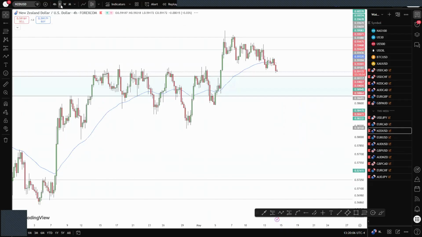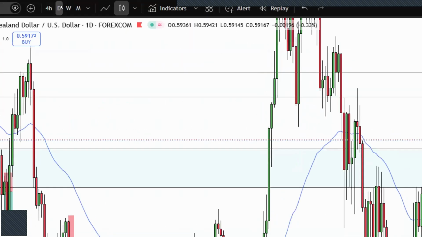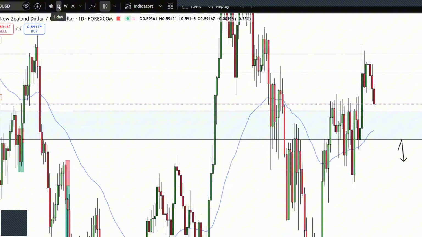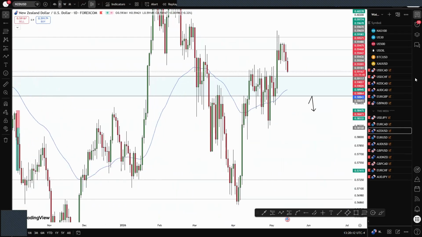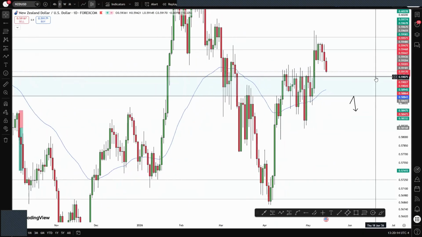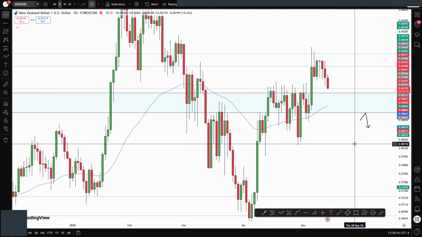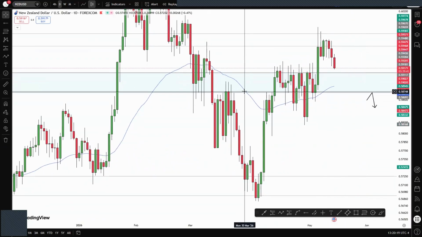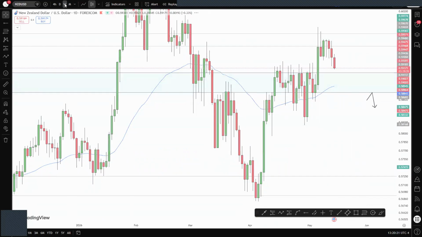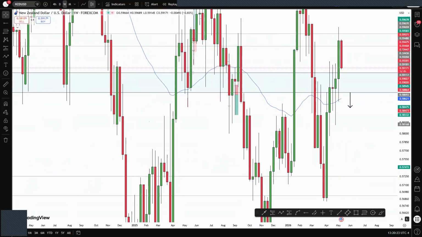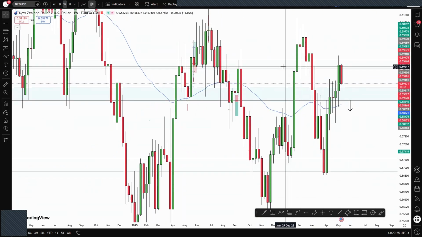If you look at the daily time frame, price is very much bullish, but the weekly is bearish, very much bearish, by the way. So it's rejecting based off this weekly OG level.